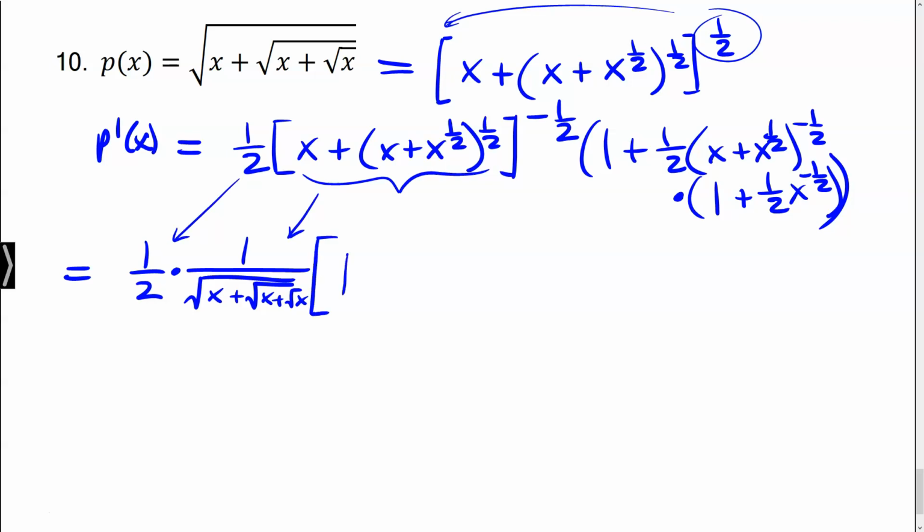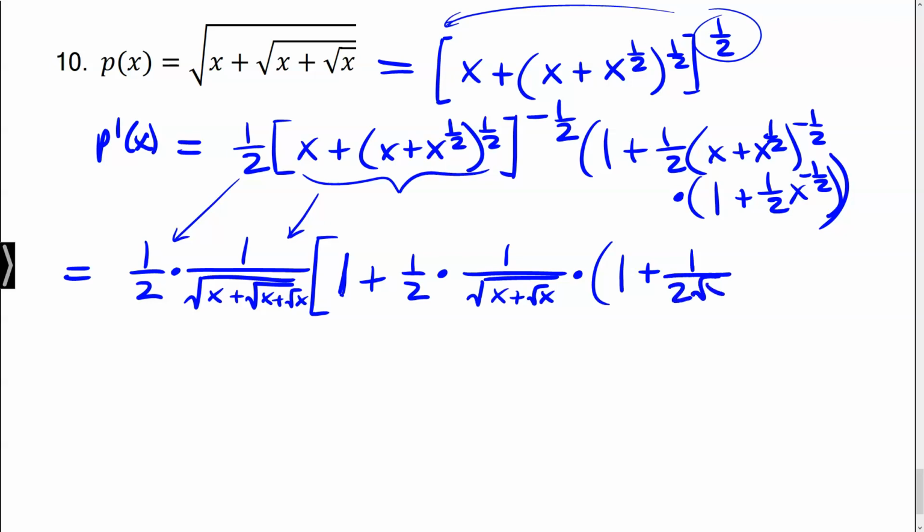Now we've got 1 plus, this is going to be 1/2 times 1 over square root of x plus square root x times, in parentheses, 1 plus 1 over 2 square root x. Parentheses, brackets, and I do believe that that is correct.